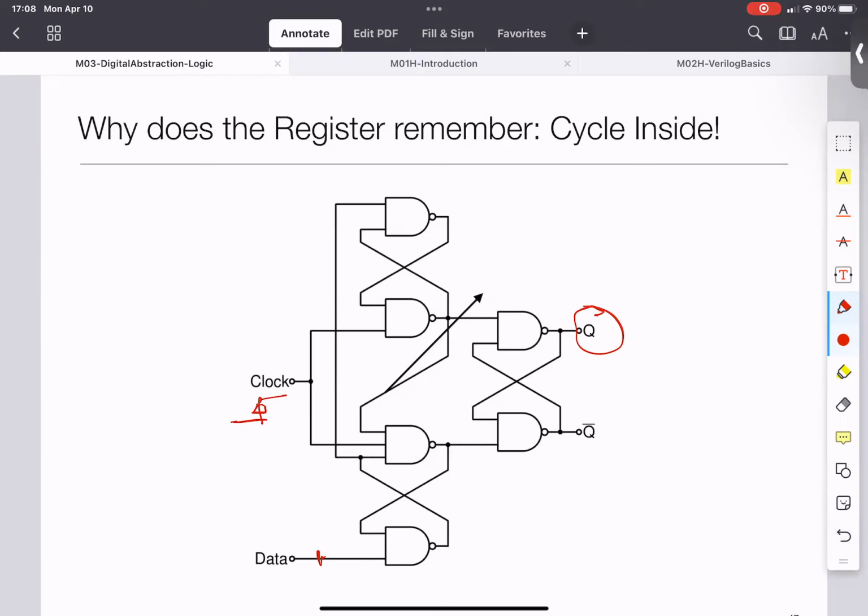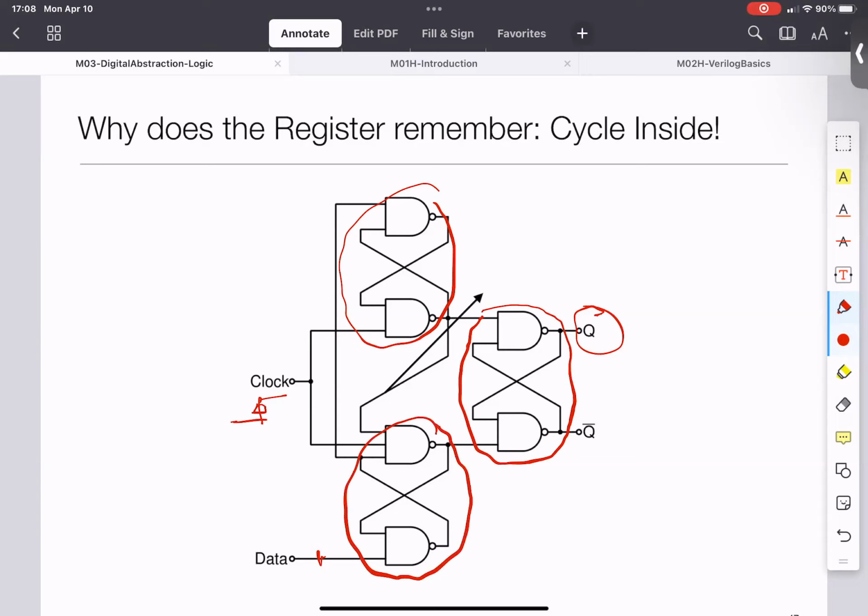Q is whatever is remembered, and what is remembered is updated whenever there is an edge. So this messy looking circuit, if you notice, has back-to-back NAND gates. It has 3 of them: here, here, and here. And somehow the composition, the magic of these, results in that register.